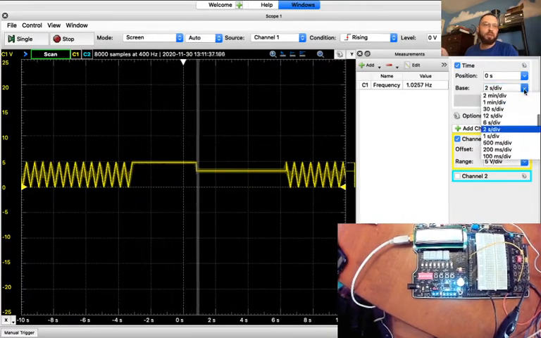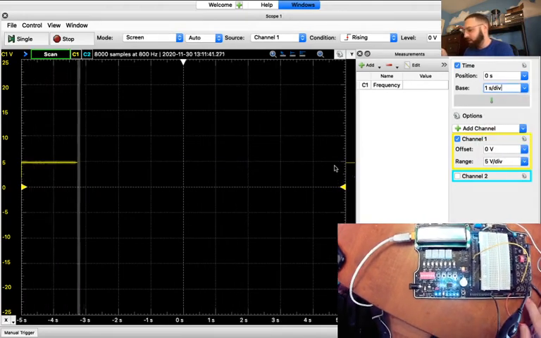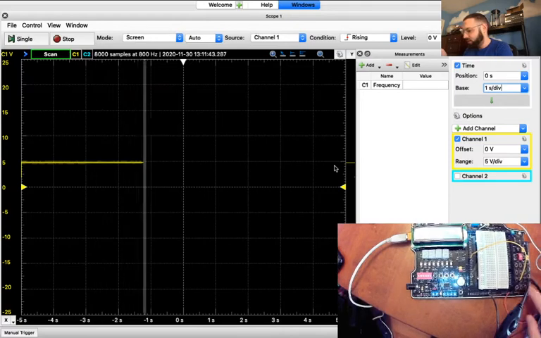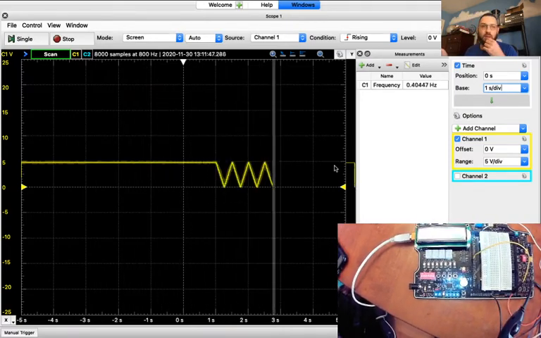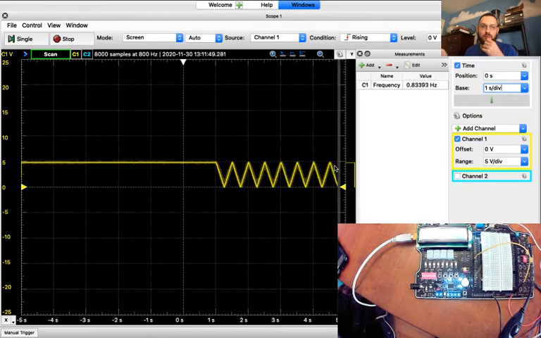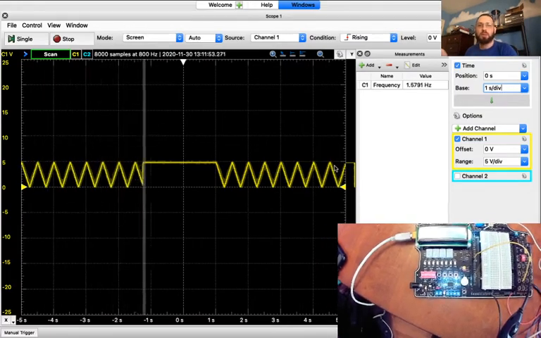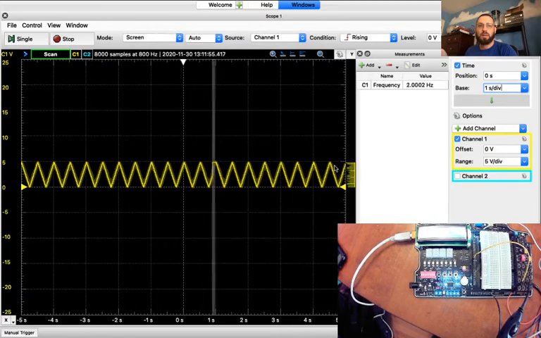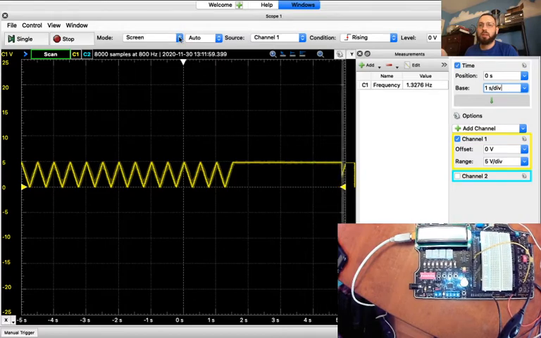Let's zoom in a little bit and then do that again. Right, because it's calculating the frequency across this whole spectrum. So unless we can fill that, see, we get that 2 hertz there.